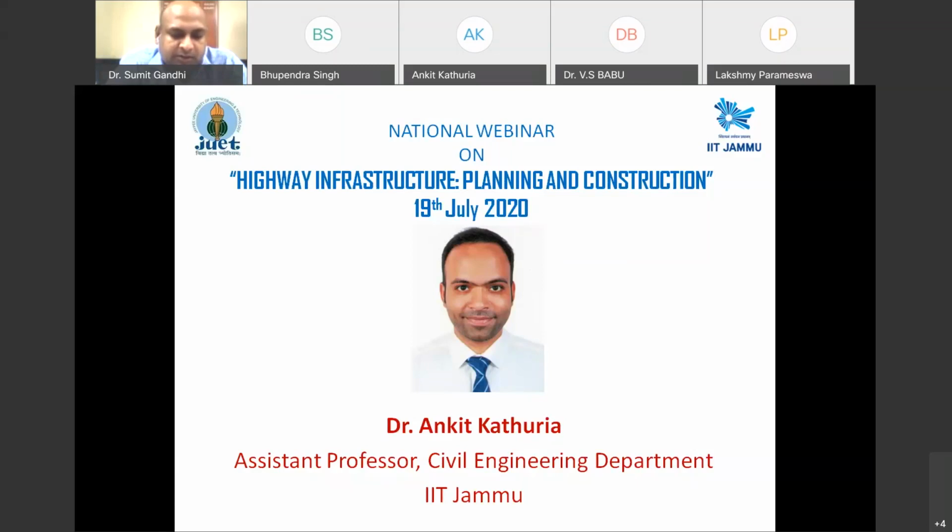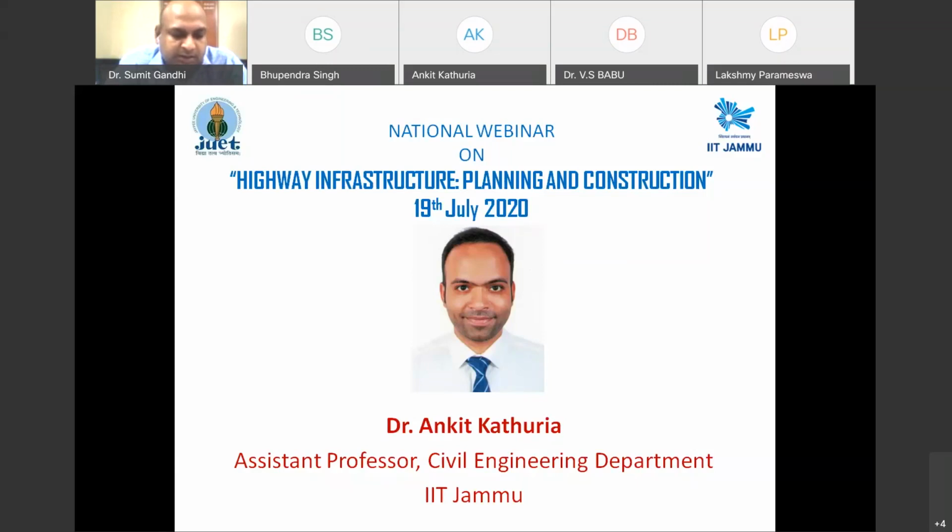This project was based on app-based planning of public transportation routes in Nagpur city. Also, he has published 15 research papers in reputed journals and presented 15 papers at national and international conferences in the area of road safety, public transportation, and intelligent transportation systems.